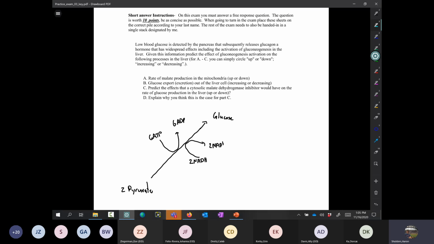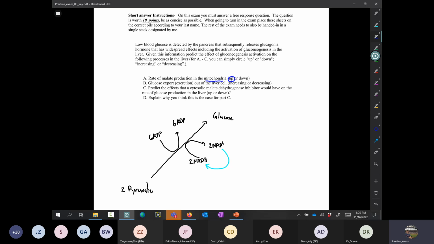In this case, though, we have to have something going like this. We have to have NAD+ recycle back to NADH, and one of the ways that that's going to be done is through the malate aspartate shuttle. So we expect production of malate in the mitochondria, because that's really where it's going to start. We expect that to go up, because it will start to make the malate in order to ship electrons out into the cytosol.